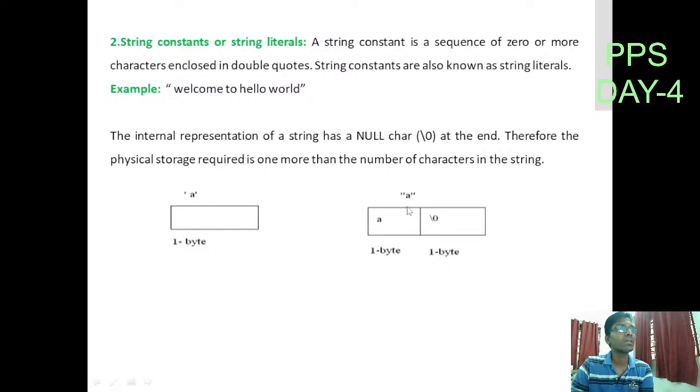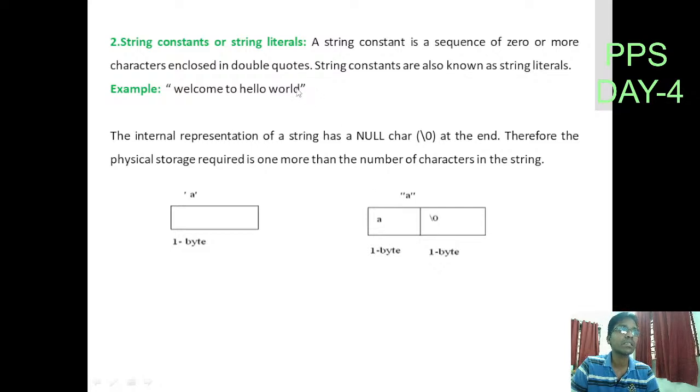That's why, while declaring strings in C programming, you need to specify extra space for storing the null character. If you are not specifying extra space for the null character, then your entire string may not print properly; even though the entire string prints, at the end of the string it will print some garbage characters.